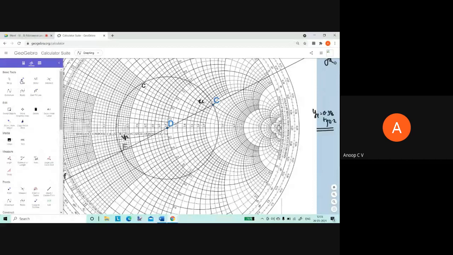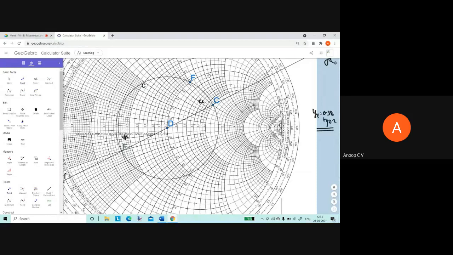The point is F. That is G equal to 1, and B equal to 1.